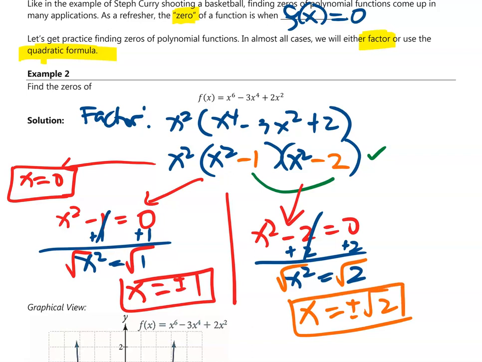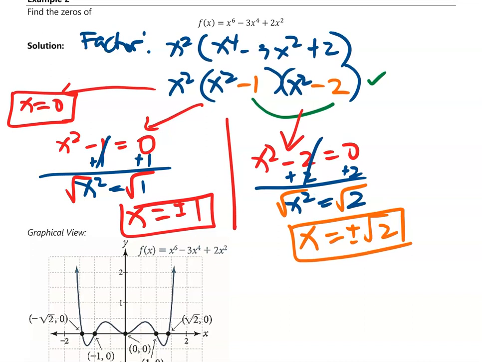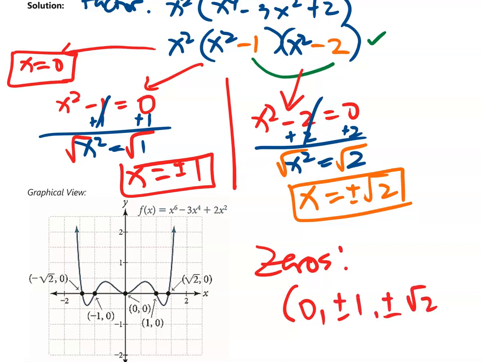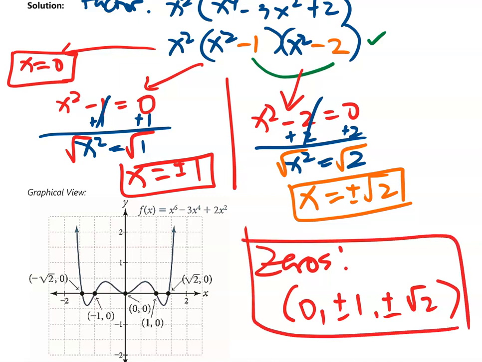So there you go. The zeros are 0, plus or minus 1, and plus or minus square root of 2. So these are the answers.